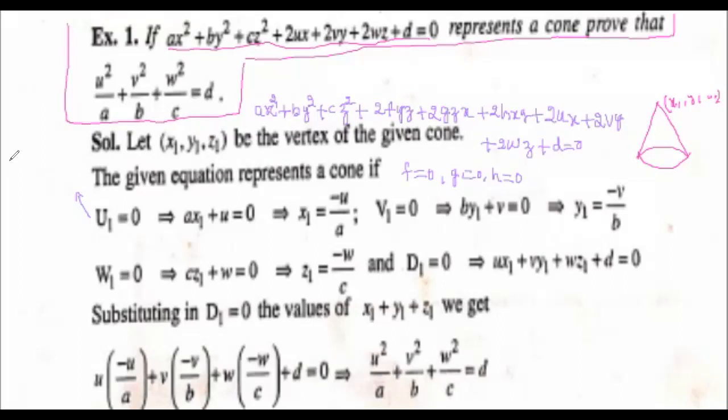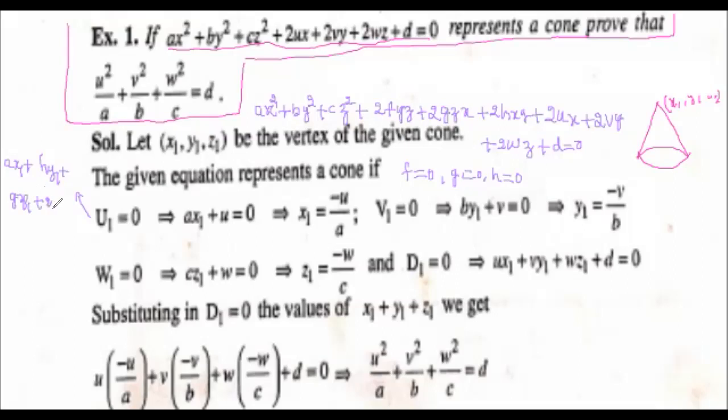Do you remember what the first row is? It is ax1 plus hy1 plus gz1 plus u, equal to 0.